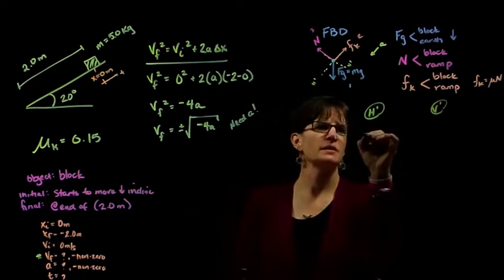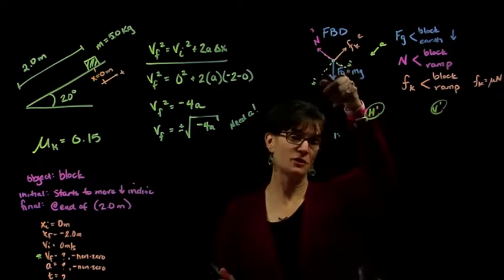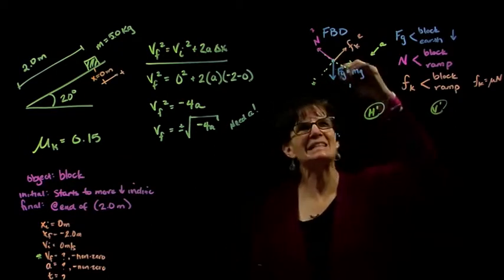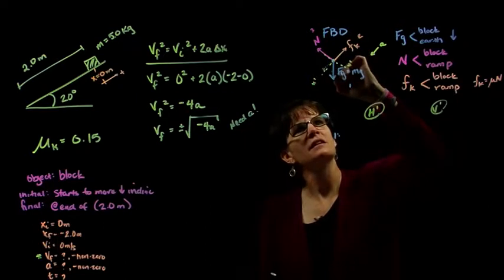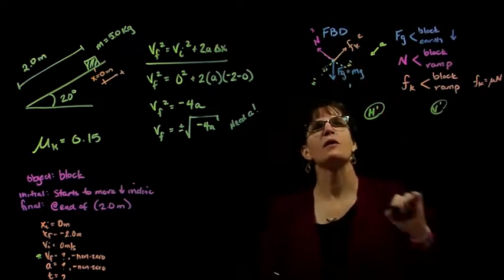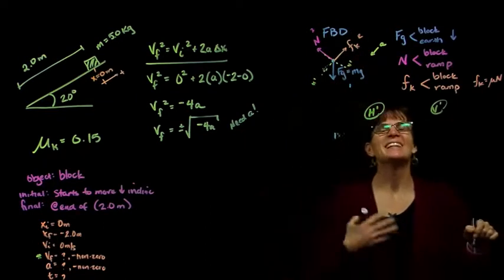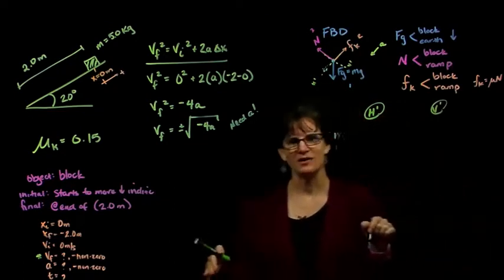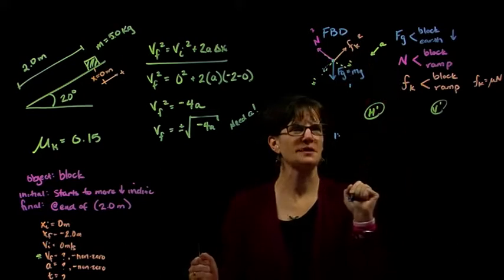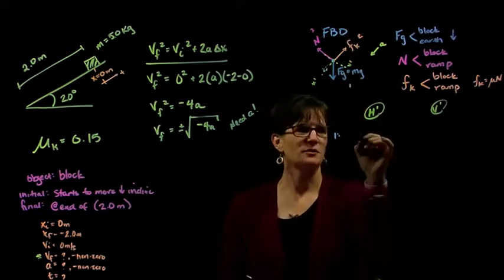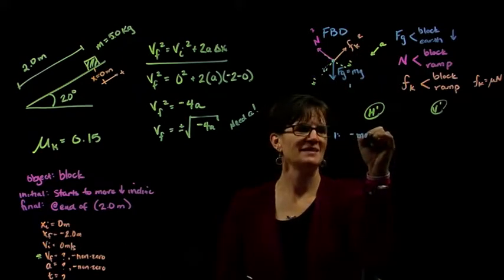Does it have a direction in horizontal? Indeed it does. That is the component of this force in this direction. So that's my horizontal force in the direction of that coordinate system, my force of gravity in the direction of that coordinate system. It's in the negative direction, so minus mg.